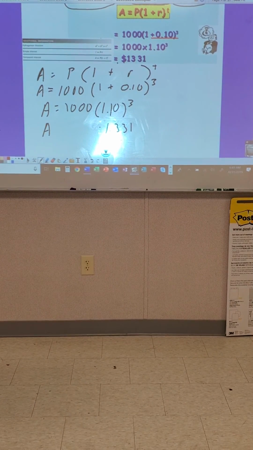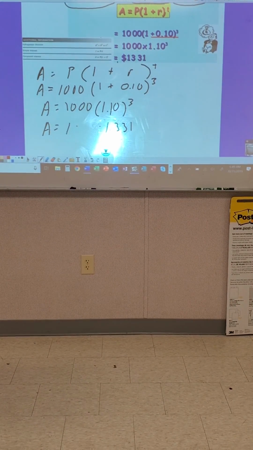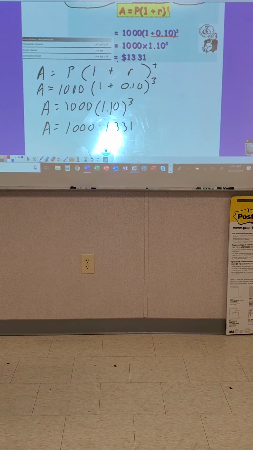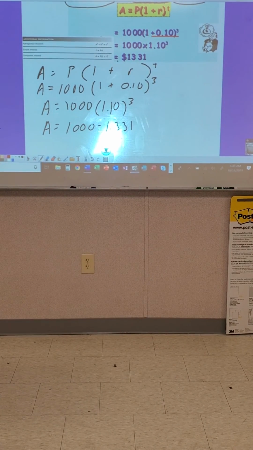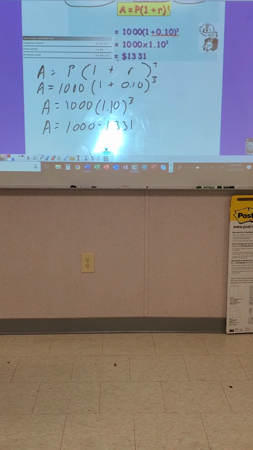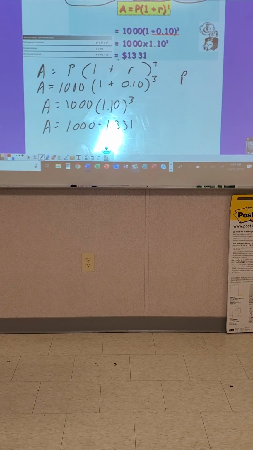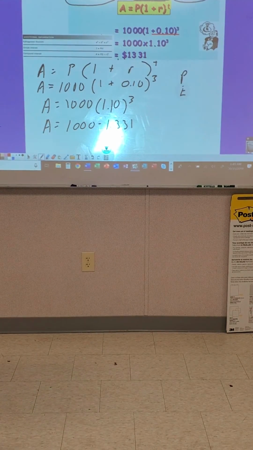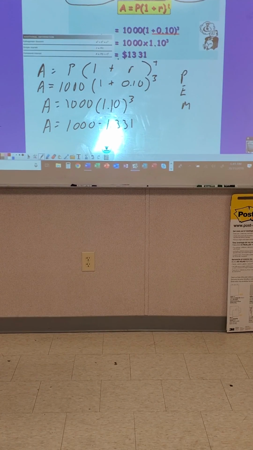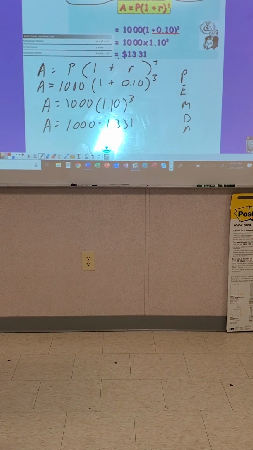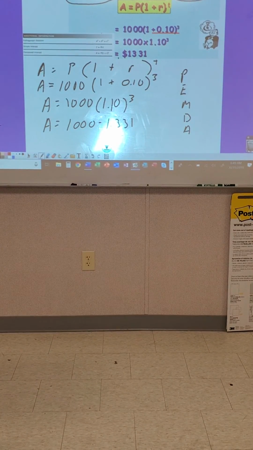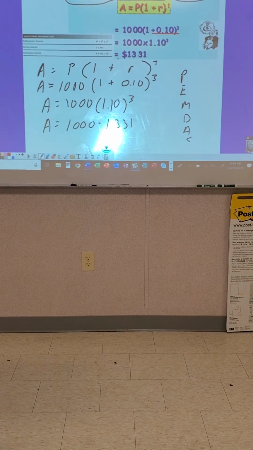So the amount of our investment is going to be worth 1,000 times 1.331. See, because of the order of operations, we do our parentheses, then our exponents, then our multiplication, then our division, then our addition, and then our subtraction.